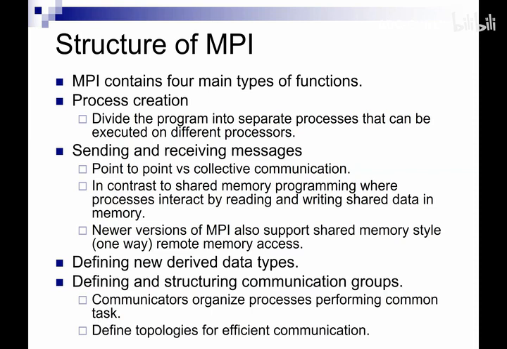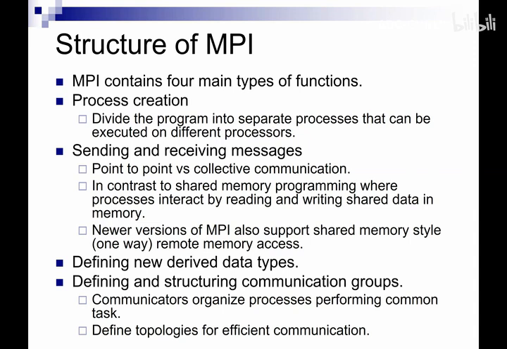And the final type of function for MPI are the ones you can use to create things called communication groups. A communication group is basically a set of processes that can communicate with each other. Whenever you do communication within MPI, you have to specify which group you're communicating with. The groups are useful as a way of organizing the communication within MPI.